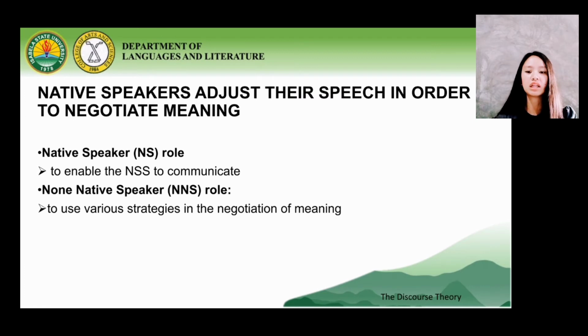Of course, if you are the non-native speaker, you need to use various strategies in the negotiation of meaning by means of shifting or using another language. Or you can also use what we call pidgin.